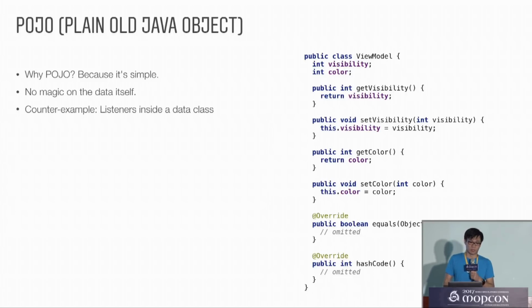A counterexample of a POJO object is if you have a listener inside your data, and when you set the data, you notify the listener, then it's not a POJO object. When you try to manipulate these objects, sometimes it's painful, because you will just call the listener, and the listener sometimes will even cause a memory leak because you hold on to the listener too long.